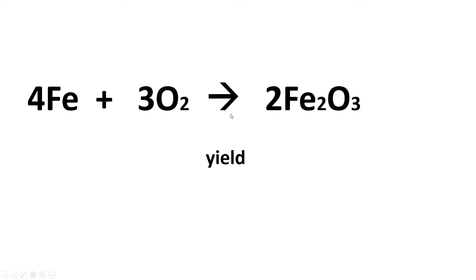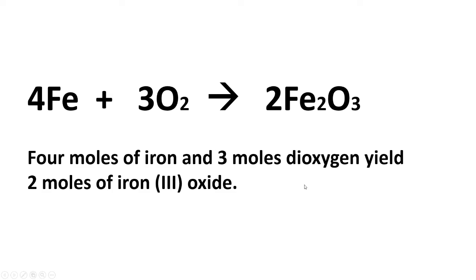It also means produces. So when we say an equation, it's not exactly an equation, there's no equal sign. Instead we have this arrow, which means produces. So these 2 things produce this. 4 moles of iron and 3 moles of dioxygen yield or produce 2 moles of iron 3 oxide. And this is how you would write it out.